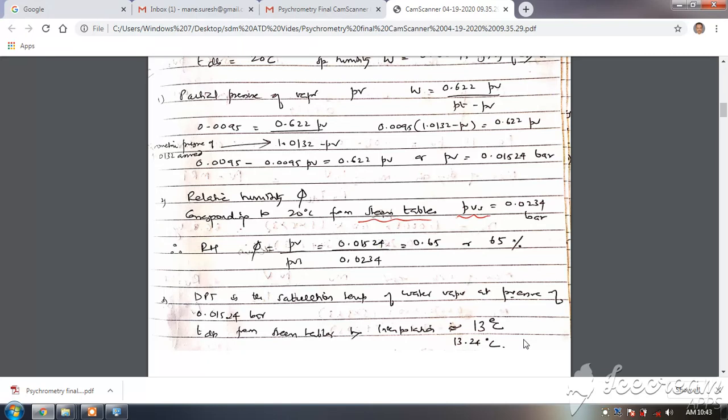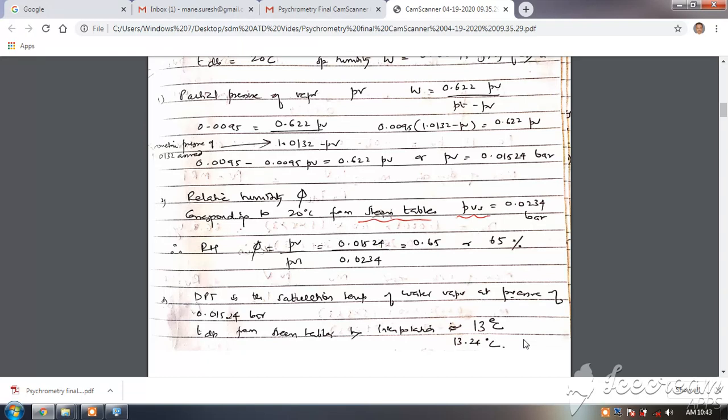In my next talk I will discuss interpolation so that you can get the exact value. You need not assume or do vague calculations; let us do a very specific calculation for interpolation.